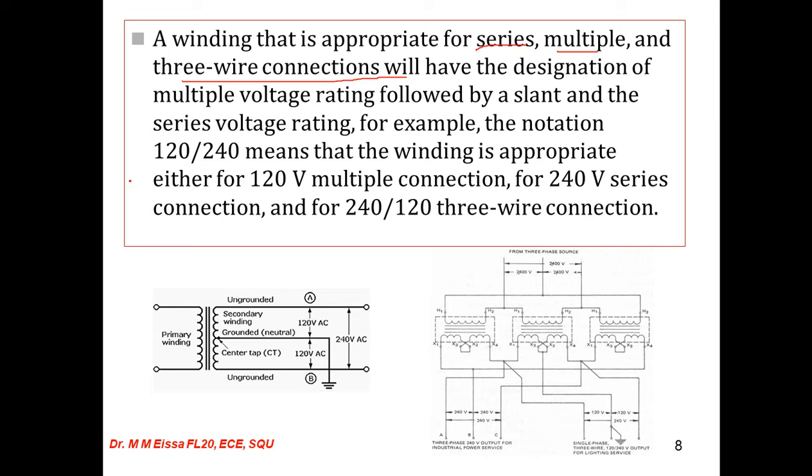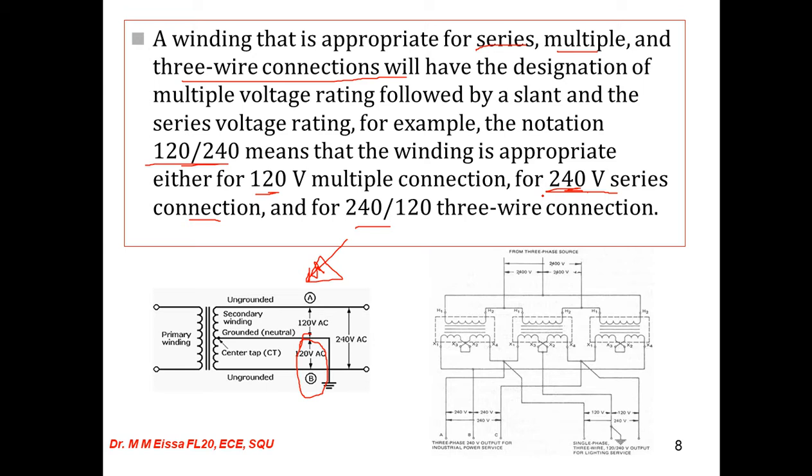For example, the notation we mentioned, 120 240, means the winding is appropriate either for 120 multiple connections, for 240 series connection, and for 240 120 three wire connections like this one. So we have another notation, 120 240. The winding is appropriate either for 120, we can take 120 from here, multiple connections.